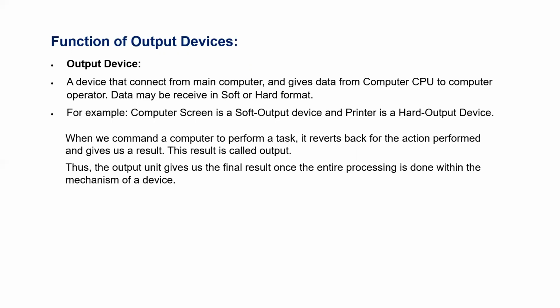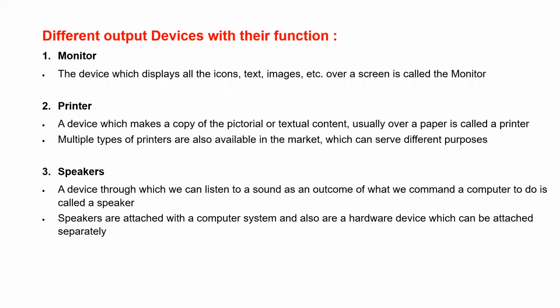When we command a computer to perform a task, it reverts back with the result of the action performed, and this result is called output. Thus, the output unit gives us the final results once the entire processing is done within the mechanism of the device. Now we will see the different output devices with their functions.